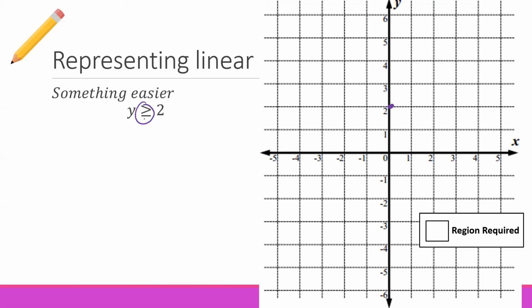Because it says greater than or equal to, the first thing I'm going to do is draw a solid line here at 2, because y equals 2 and y is greater than 2.